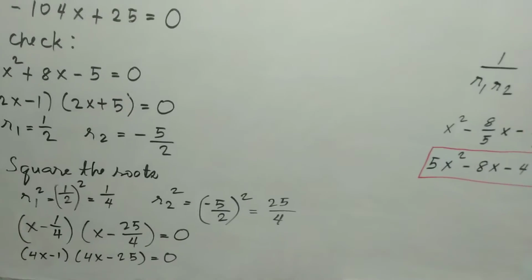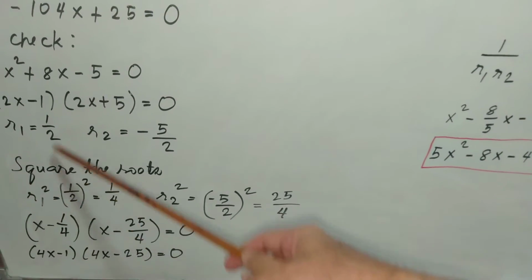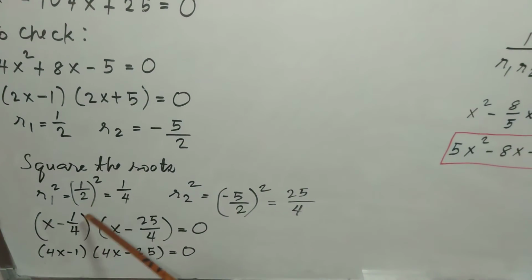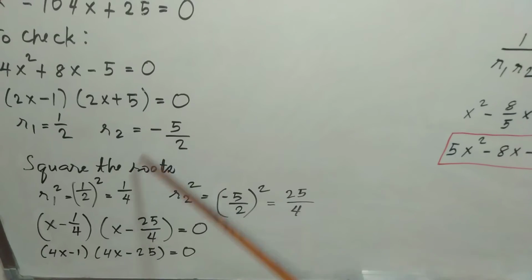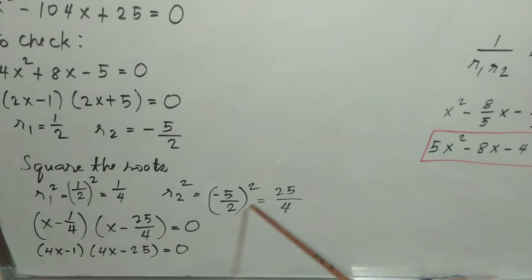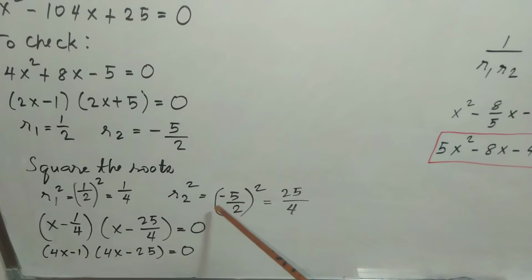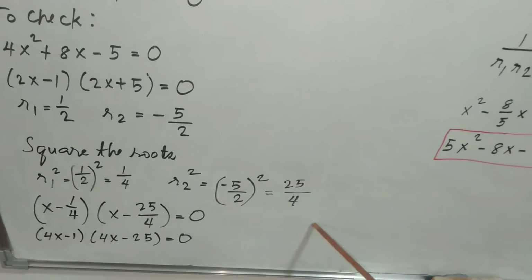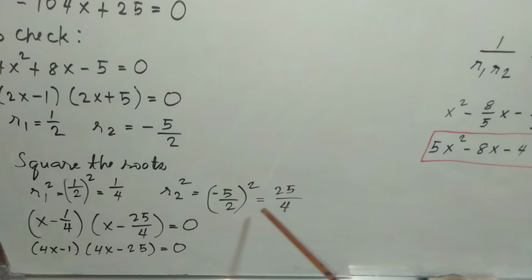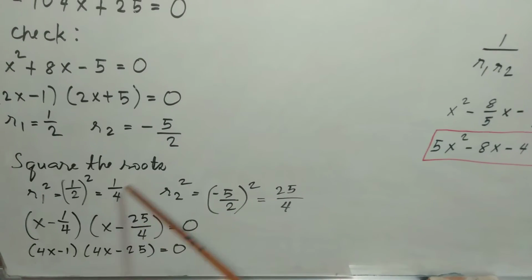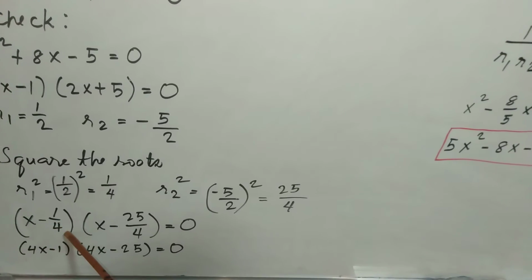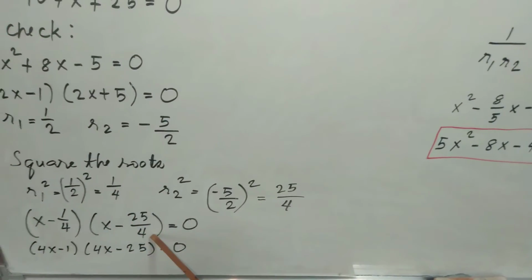So squaring, the first root, squaring 1/2, is equal to 1/4, and squaring r2 will be equal to 25 over 4, since 5 squared over 2 squared is 25 over 4. And then substituting these two roots, x minus 1/4 and x minus 25 over 4.